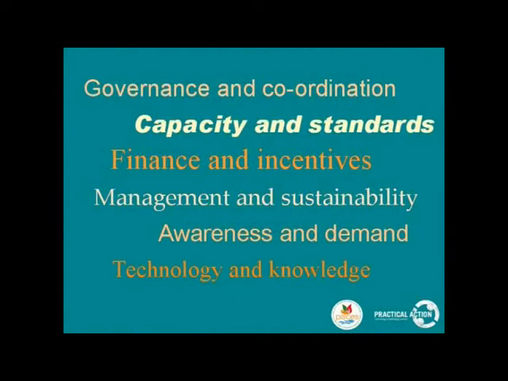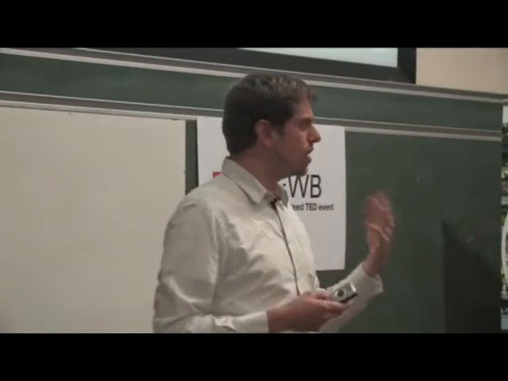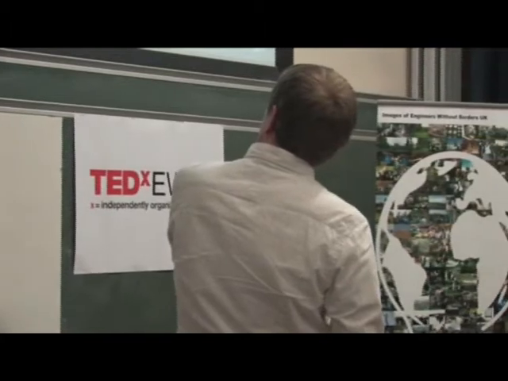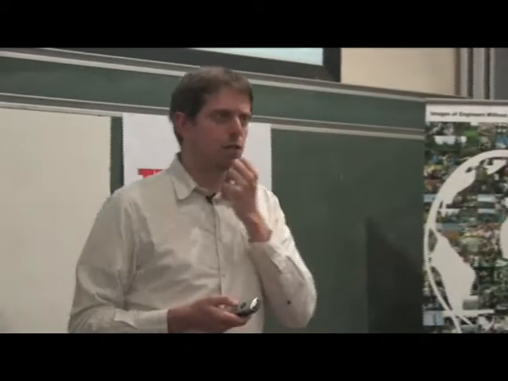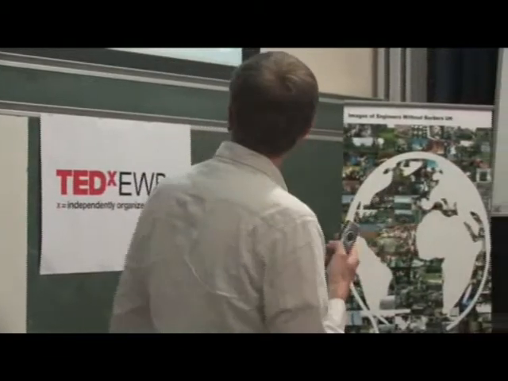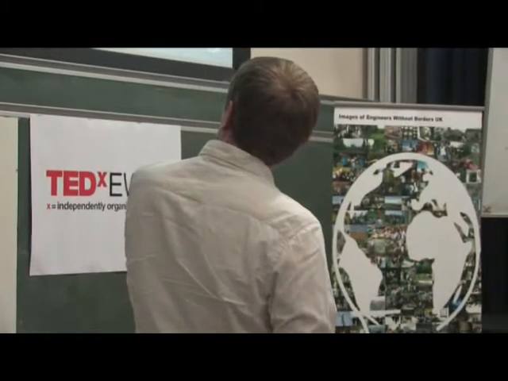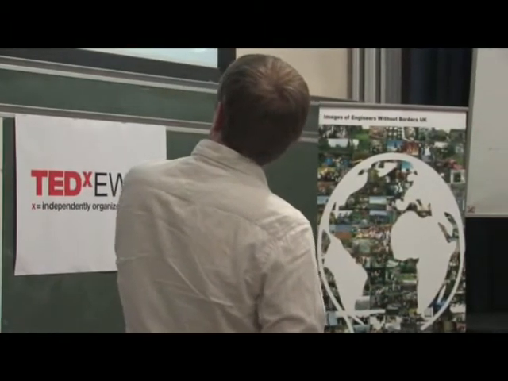And finally, technology and knowledge. Some people will say it's all about technology. It's about R&D. It's about innovation and getting it right and that knowledge getting around. But there's a lot of knowledge and technology out there as well. It's held in different people, but maybe there's no money to do it. There's no capital to install a system, or there's no capacity.